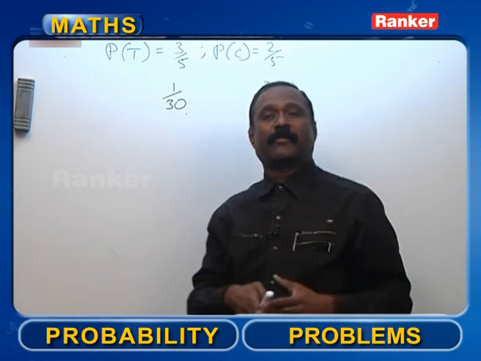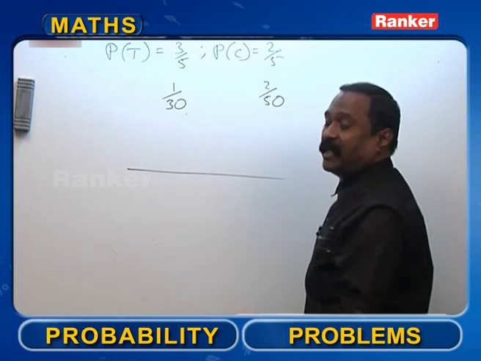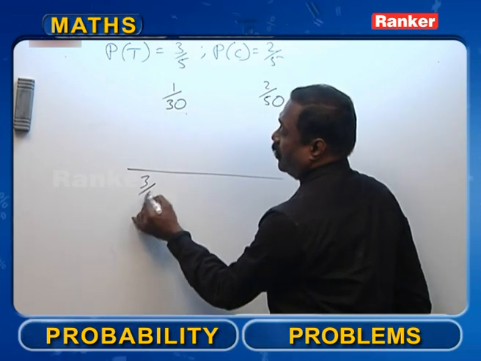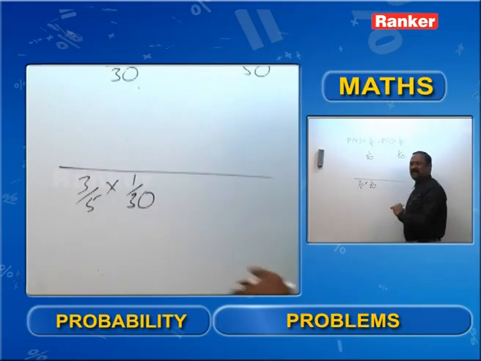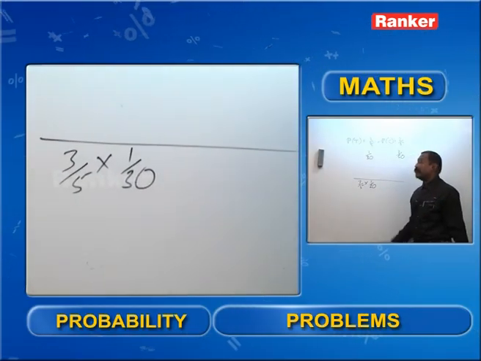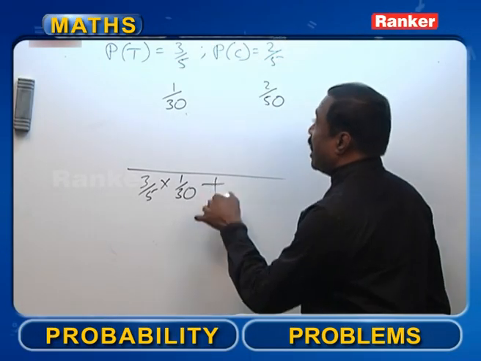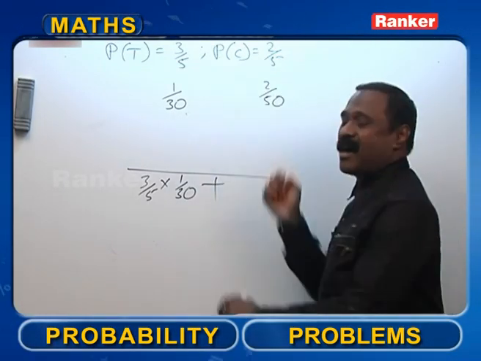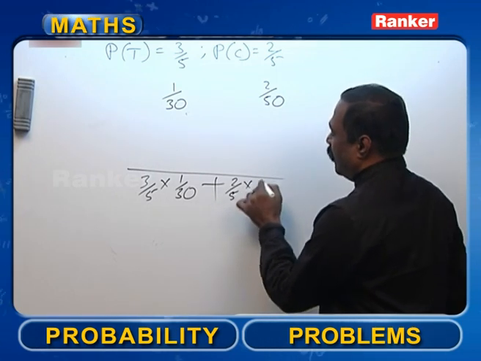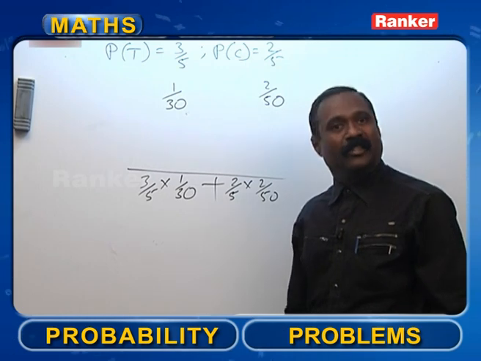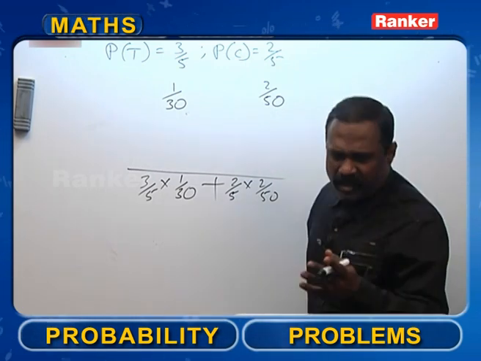That is why the total probability comes now. The total probability of a truck coming to the petrol pump is 3/5 into 1/30. Simple. Favorable probability will come to the numerator, total probability will come to the denominator, plus getting a car is 2/5 into 2/50. 2/5 into 2/50. And what is the question there?